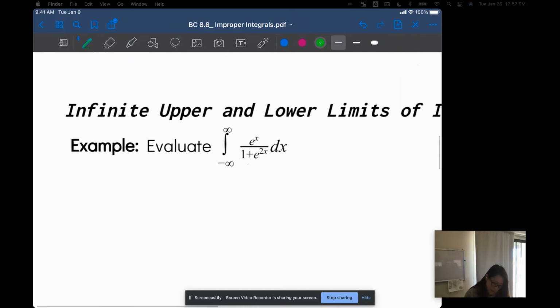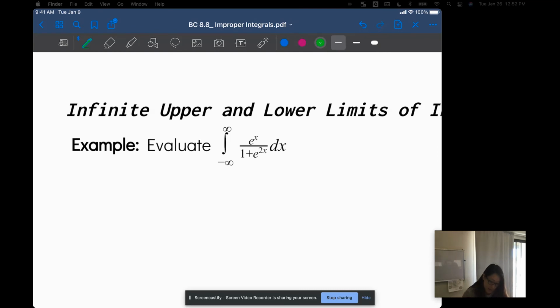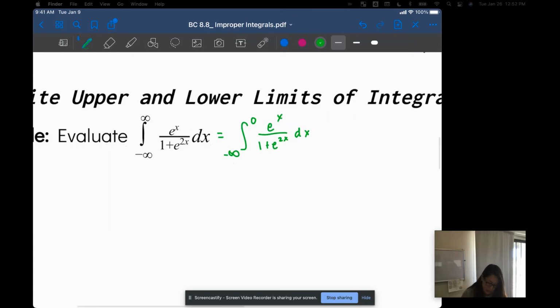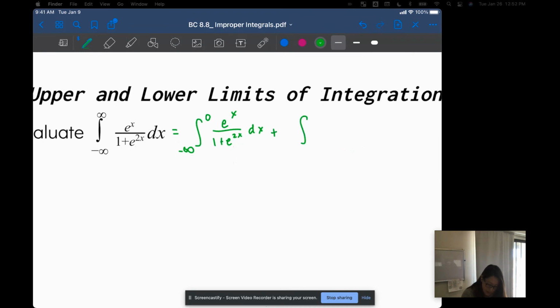So I am going to decide that I'm going to split up my integral into negative infinity to 0 of e to the x over 1 plus e to the 2x dx plus the integral from 0 to infinity of e to the x over 1 plus e to the 2x dx.